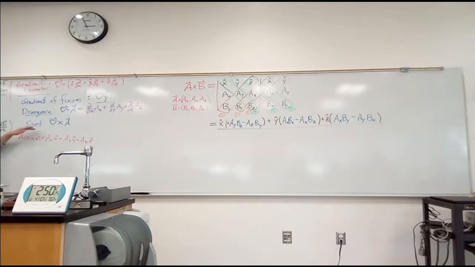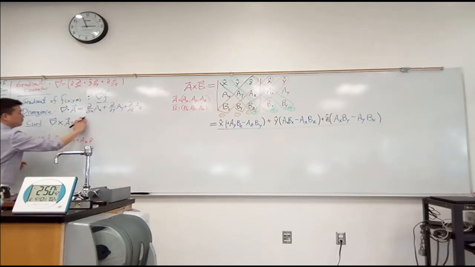So the curl is essentially cross product of this vector and this vector. And as I write down, I'm going to refer to that thing that I just built up. I'm looking at the x component of the result of the curl first.